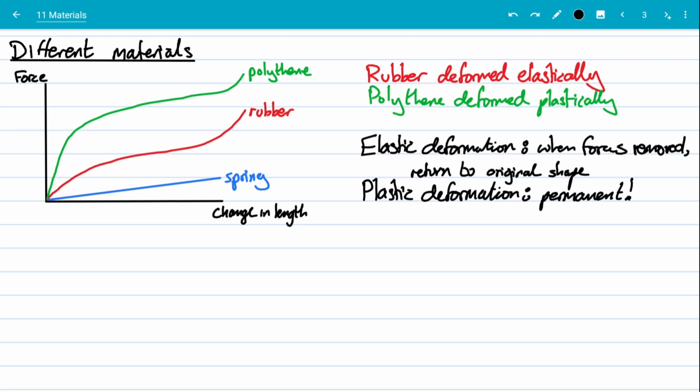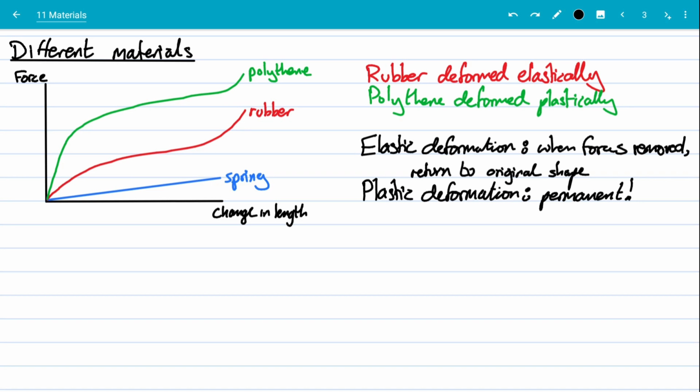Metals are very interesting. So this is force versus change in length. But actually, that's not really good enough, is it? The problem with talking about force and different lengths is that I could have a longer piece of rubber to start with. And if I've got a longer piece of rubber to start with, then for the same force, I'm going to get more change in length. Or I could have a thicker piece of rubber to start with, a bigger diameter.